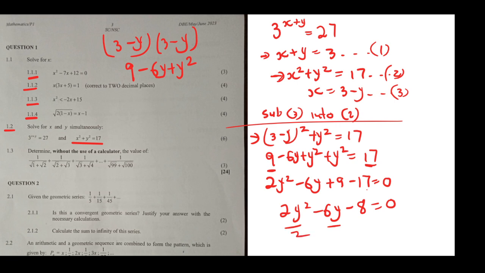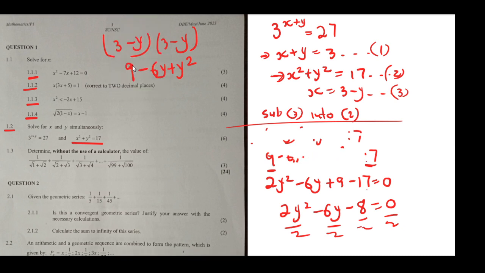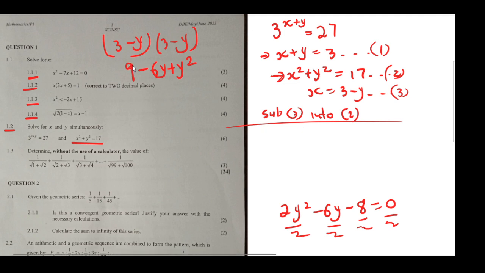And then I divide by 2 both sides, so let me erase here just for space purposes, so that I can get my solutions of y, right? So after dividing by 2 on all sides, I'm going to get the following. So I'll get y squared minus 3y minus 4 equals 0, right?